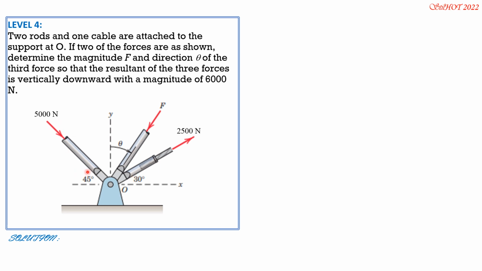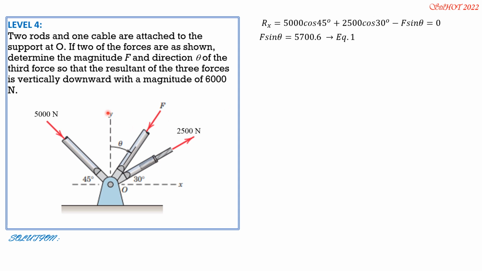So 5,000 cosine 45 plus 2,500 cosine 30, then minus F sine theta. It is negative. Opposite of theta is this component. Then equals 0 because Rx is 0. So F sine theta is equal to 5,700.6. Call that equation 1.